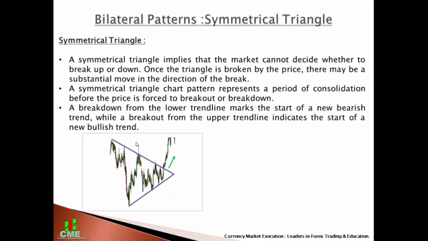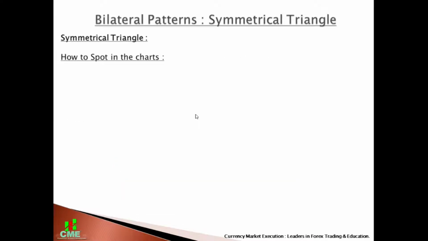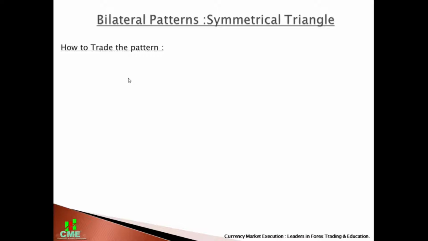So this is how it looks when you have a breakout to the upside. This is your highs converging and your lows converging, and they keep on contracting until you have price breaking out at a certain point. This is when it breaks to the upside, and this is when it breaks to the downside.